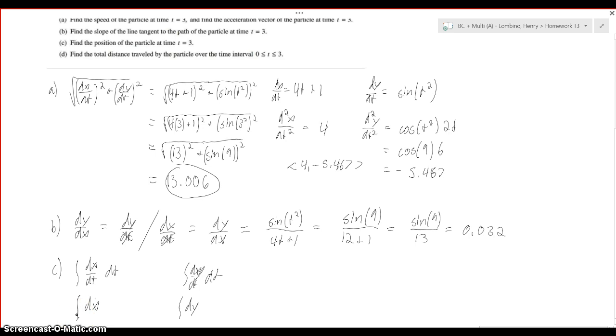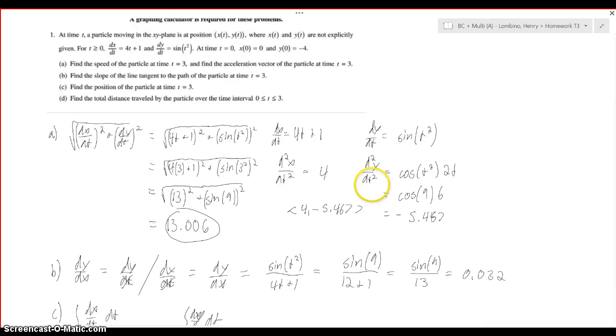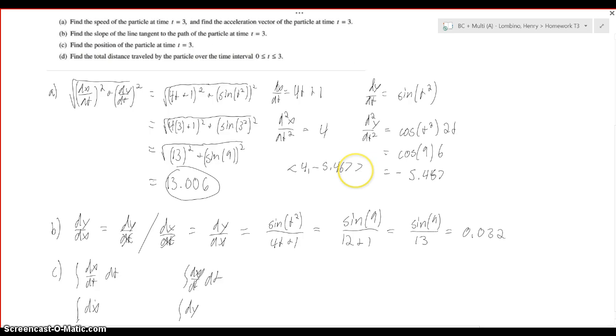You might think, oh god, now we have to figure out the integrals by hand using algebra. No, you do not. And here is why. You're given that integral. Remember, this is a calculator problem. You don't need to use actual algebra to solve this problem.